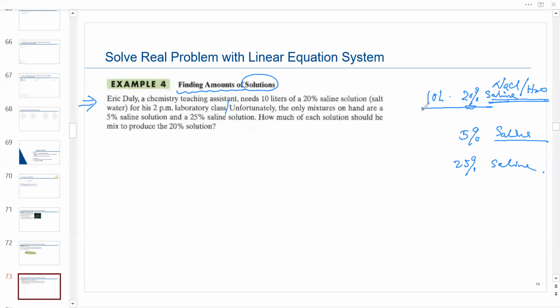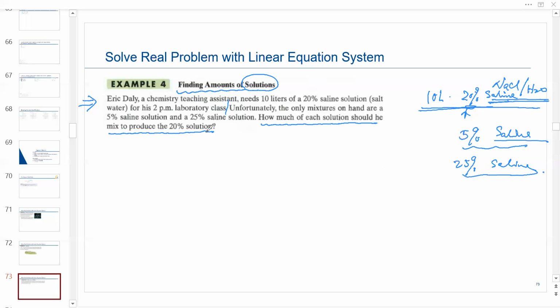So they need 20%, but they have this one and this one, not exactly 20%, right? How much of each solution should be mixed to produce a 20% solution?